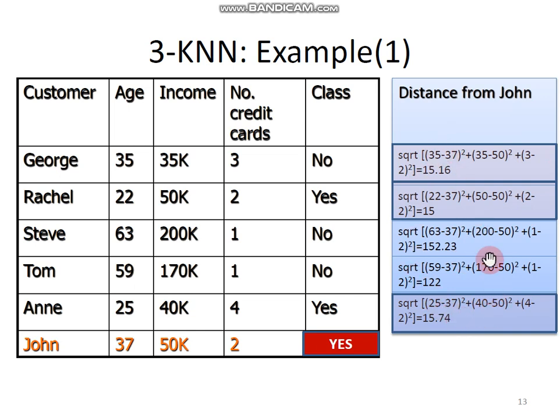After computing the distances, find the 3 customers with the smallest distances. Here you can see that 15 is the smallest number, then 15.16 and 15.74. These 3 are the most similar, the nearest neighbors to John that we identified. Fine.